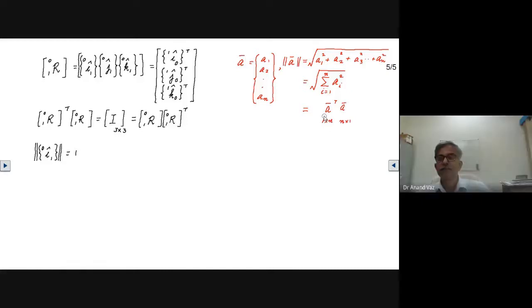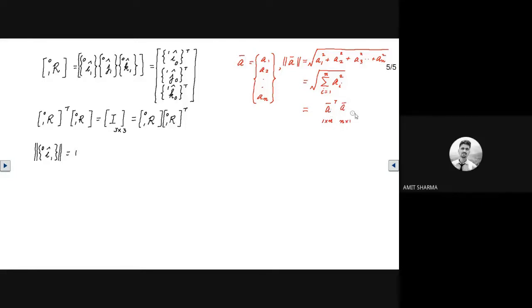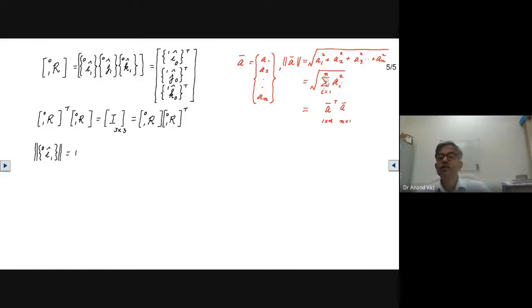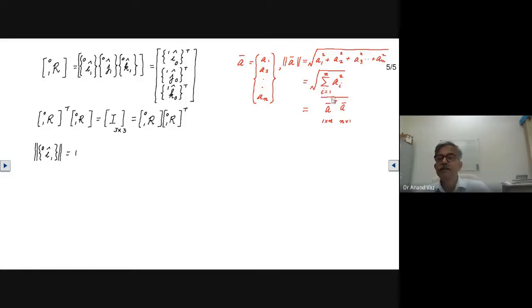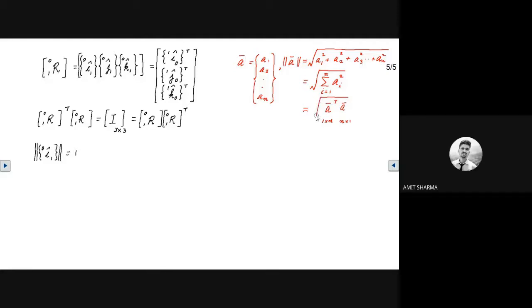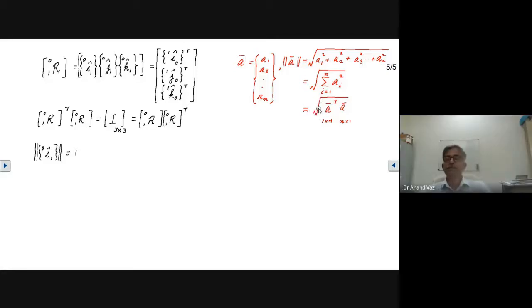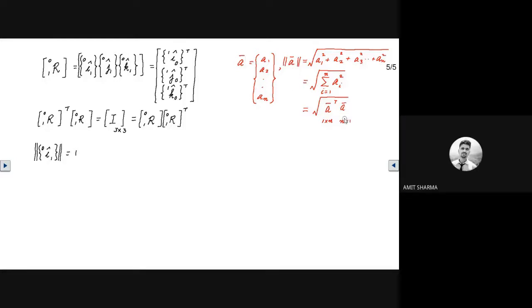So when you take the product of these, when you do A transpose A, what you are doing essentially is you are taking a dot product of A with itself, and this is equal to ai square summation. You are just taking the square root of this. Is it clear? So we can write the norm of A like this. I hope it's clear to all of you.